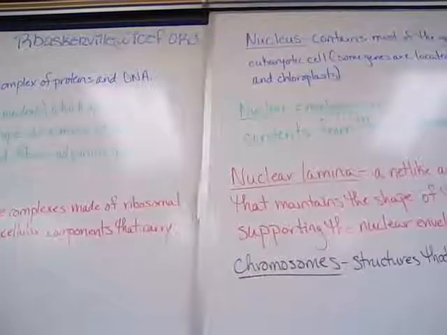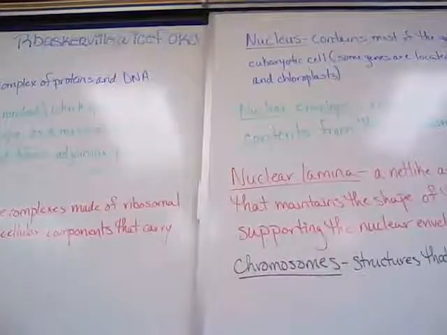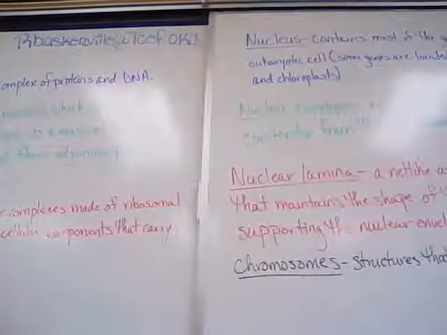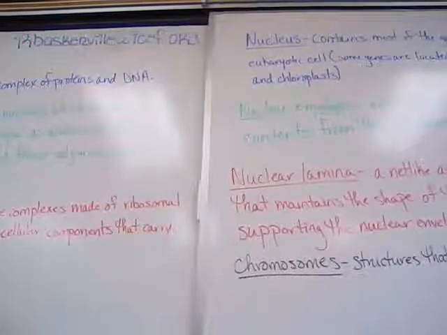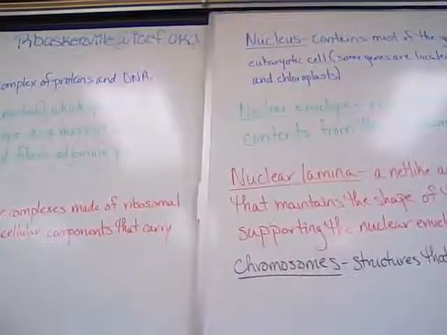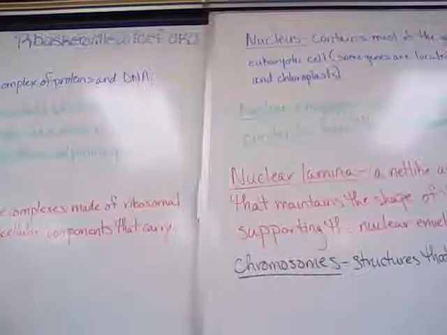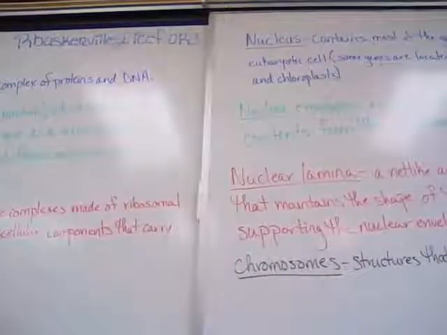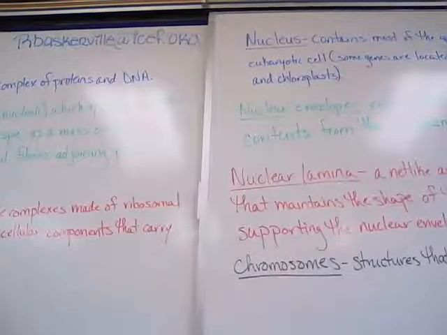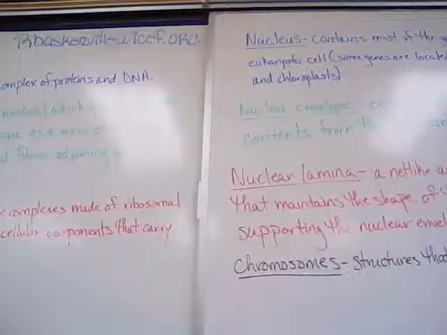Here, a type of RNA called ribosomal RNA is synthesized from instructions in the DNA. Also, in the nucleolus, proteins imported from the cytoplasm are assembled with RNA into large and small ribosomal subunits.